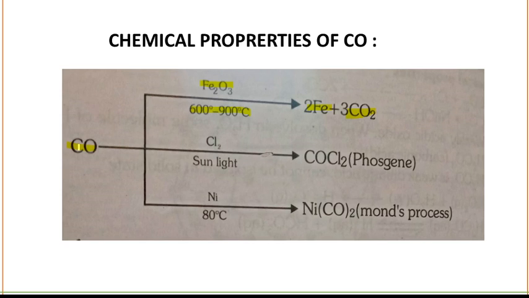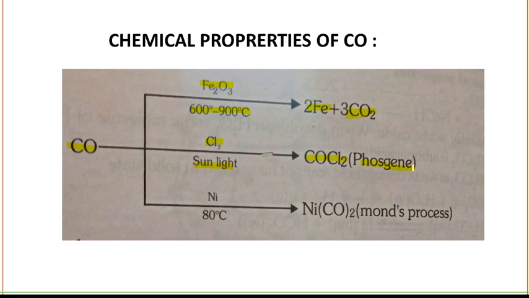Next, the second reaction: when you react carbon monoxide with chlorine Cl2 in presence of sunlight, you will get the formation of COCl2, that is phosgene. Phosgene is an organic chemical compound with the formula COCl2. You have to memorize this point. It is a colorless gas.